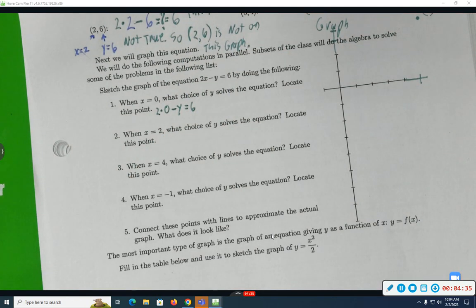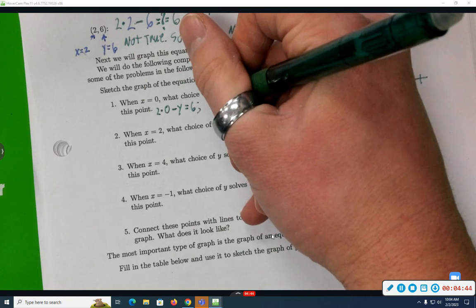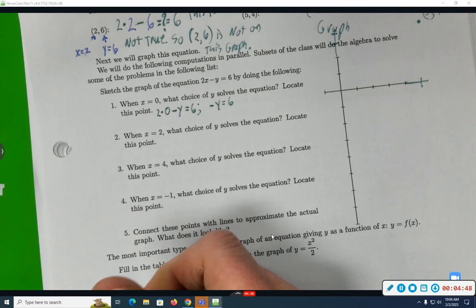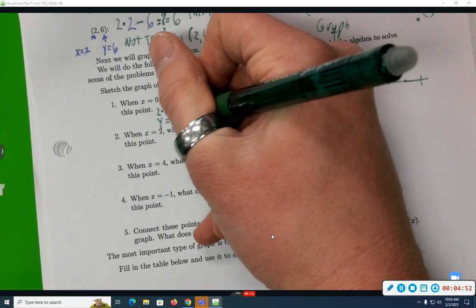That look easy to solve for y? Yeah, I guess like I said, I would do it, so maybe I should go through the walk of solving. 2 times 0 is 0, so it's just minus y equals 6. Multiply both sides by negative 1 to get rid of the negative sign.